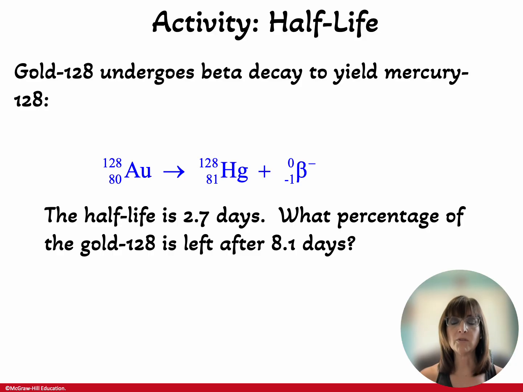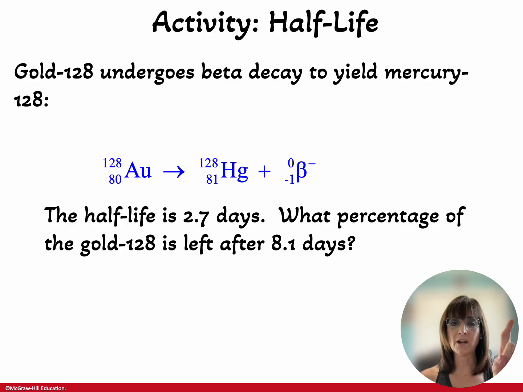Another half-life goes by, so 2.7 days becomes 5.4. We had 50%. Half of that is now 25%. Another half-life goes by. So now we are at 8.1 days, and that 25% goes down to 12.5%.